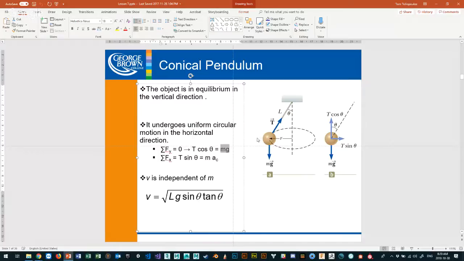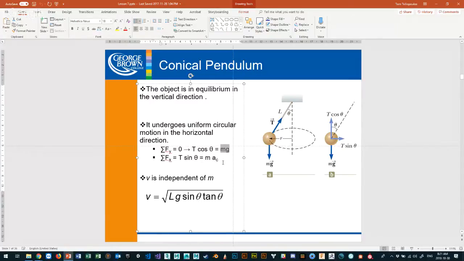All right, then we have the sum of all forces across the x-axis this time, which is T sine theta, which is equal to mass times centripetal acceleration, the one that goes towards the center of the circle. So if you know that this equation is true, then this is good.